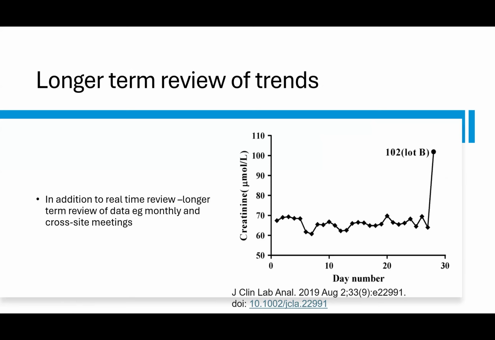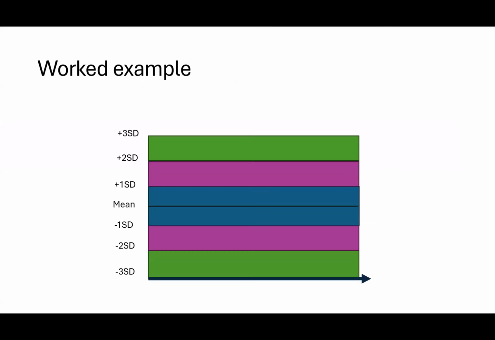The reason it happened for them was that there was a change in reagent lots that weren't verified. But if you haven't done that longer-term review, you may not identify that error. So not only might you want to do the daily routine, but also a longer-term review of IQC trends.